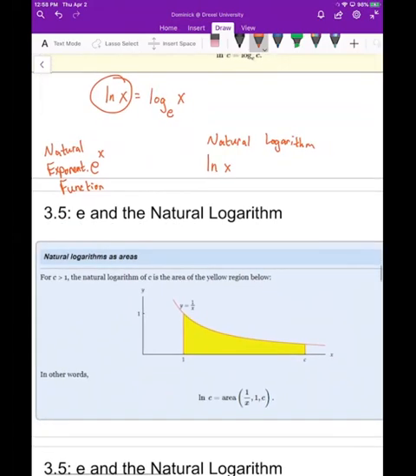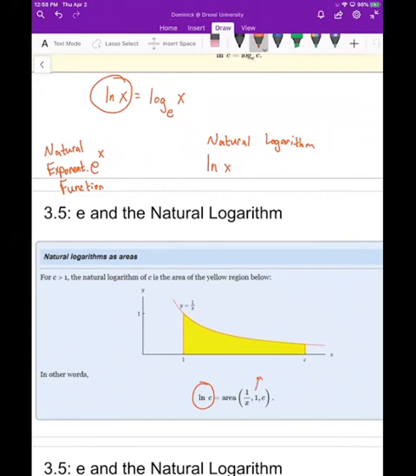Okay. Now, how can we talk about natural logarithms as they refer to this area? Well, the natural log of a number is just the area between 1 over x and the x-axis, starting at 1 and going to whatever that number is.